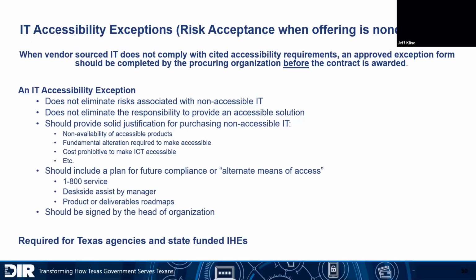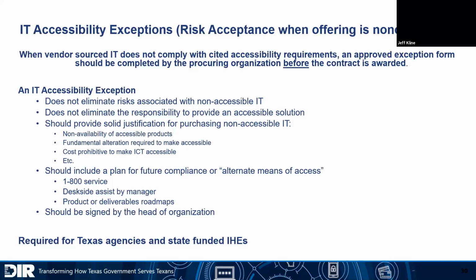Then, of course, state agencies and state-funded IHEs are required to file exceptions when things aren't fully compliant. And really, this has to be signed by the head of your agency. It's a risk acceptance. So the head of your agency is accepting the risk of a non-compliant product.